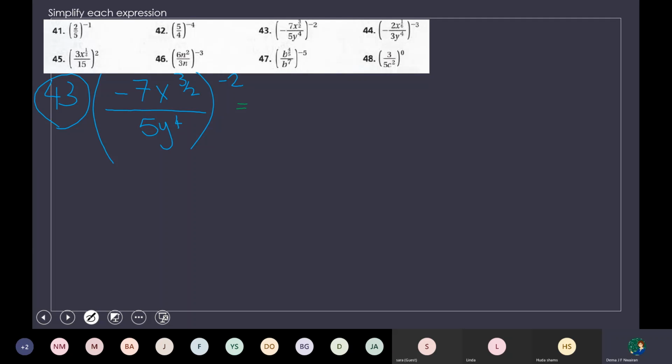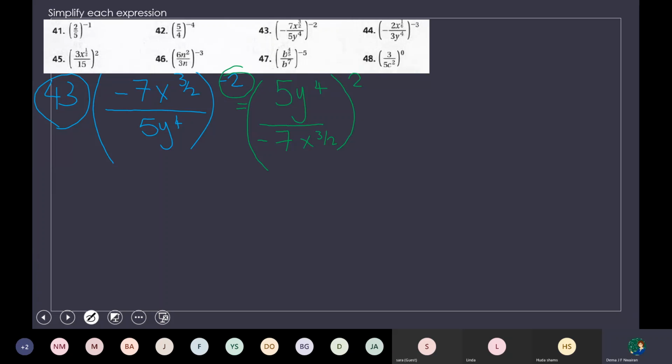The reciprocal will be 5y raised to 4 over negative 7x raised to the power 3 over 2. These are raised to positive 2 now, after I write the reciprocal. The negative 2 will be positive 2.